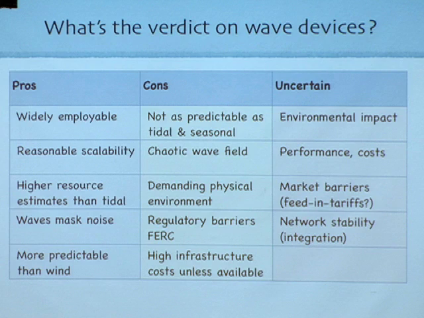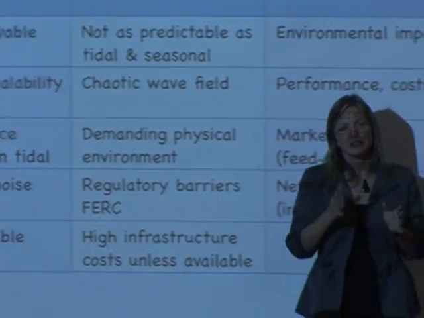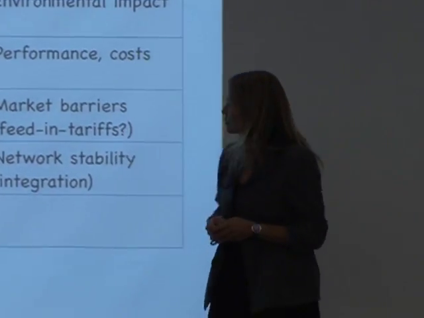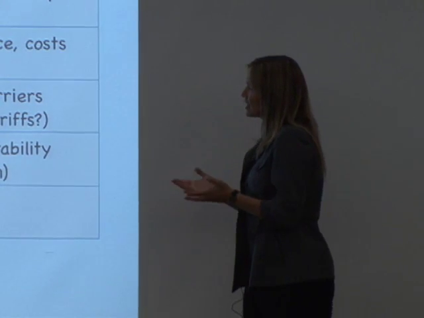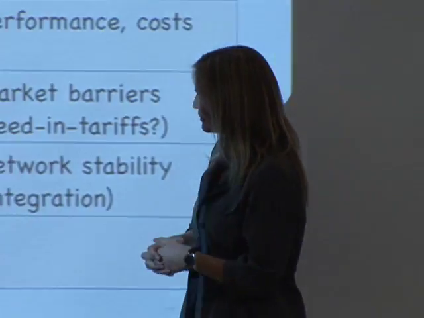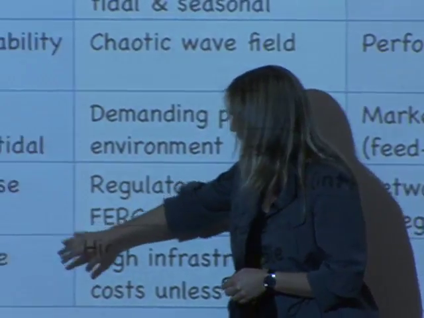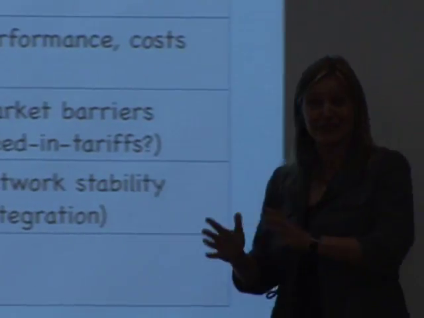You can make farms of point absorbers, so of Pelamis farms, just by adding lots of devices to a local grid. The resource estimates are relatively high, especially compared to tidal. The waves mask noise. This is one of the things that they use to sell this. Noise pollution is very low, but I think it's a bit ridiculous to list. But anyway, I wanted to list it anyway. And it's more predictable than wind. So those are the good ones.